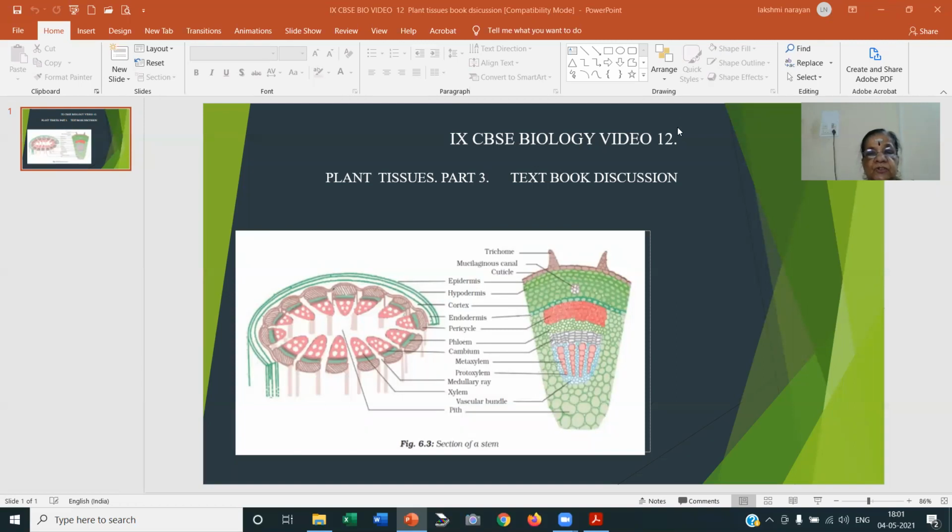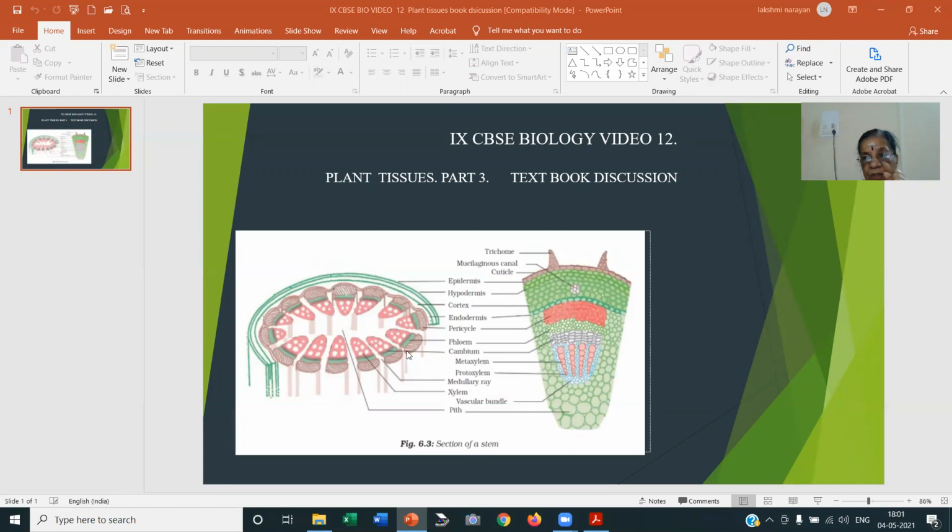Now what you are seeing, as we learned in the previous video session, is the section of a dicot stem, where it shows all the tissues as meristematic and permanent tissues. What are permanent tissues? They are simple permanent and complex permanent.